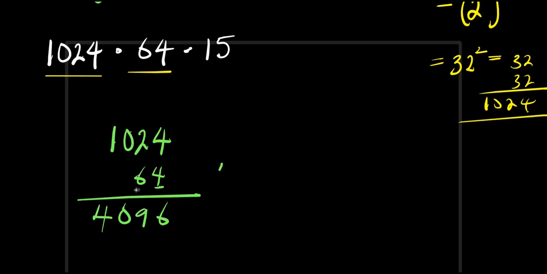Then we proceed to 6. 6 times 4, 24. 4 carry over 2. 6 times 2, 12. 12 plus 2, 14. 4 carry over 1. 6 times 0, 0, 0 plus 1. We have 1. 6 times 1, we have 6.